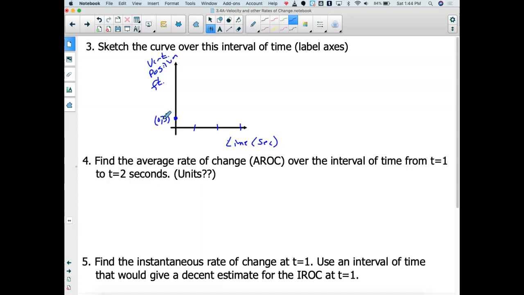At 1 second, I'm at 24, and 2 seconds into it, I'm at 13.